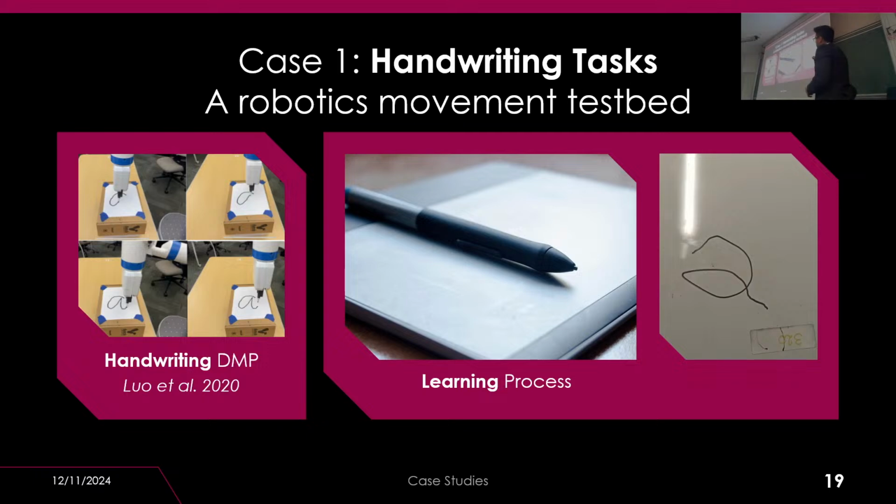Daisy chaining them is a different problem in DMP: joining different primitives so as to write a full word, for instance. It depends on what the robot has to do, but maybe you have problems of memory. You can put a lot of letters and other trajectories.